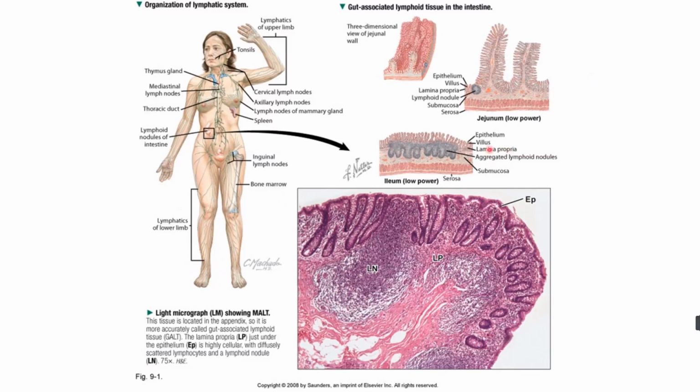By the time we get down into what we call the ileum, you're going to see huge areas of what they call aggregates of lymph nodules. Essentially, you have so much diffuse lymphoid tissue that it just fills all these areas. All of these dark nuclei that you see are in fact lymphocytes.